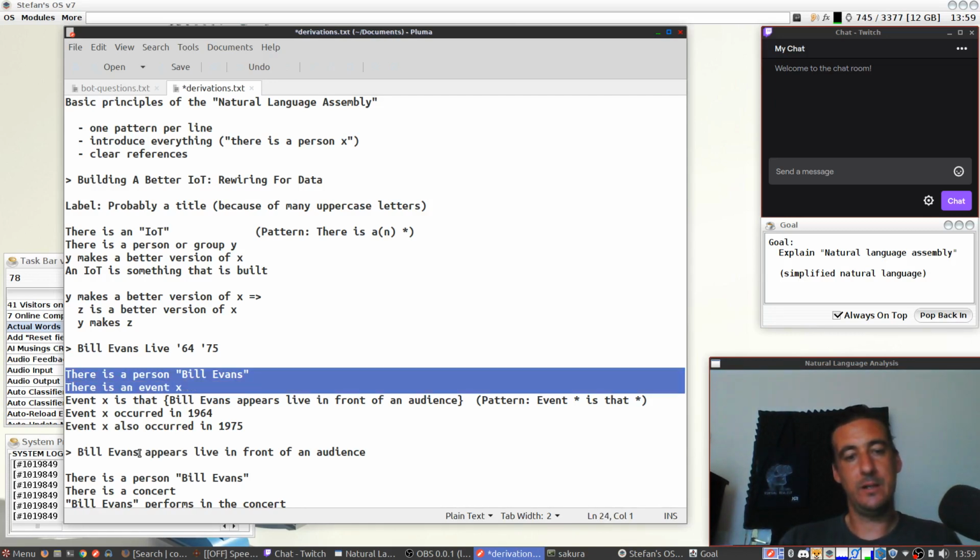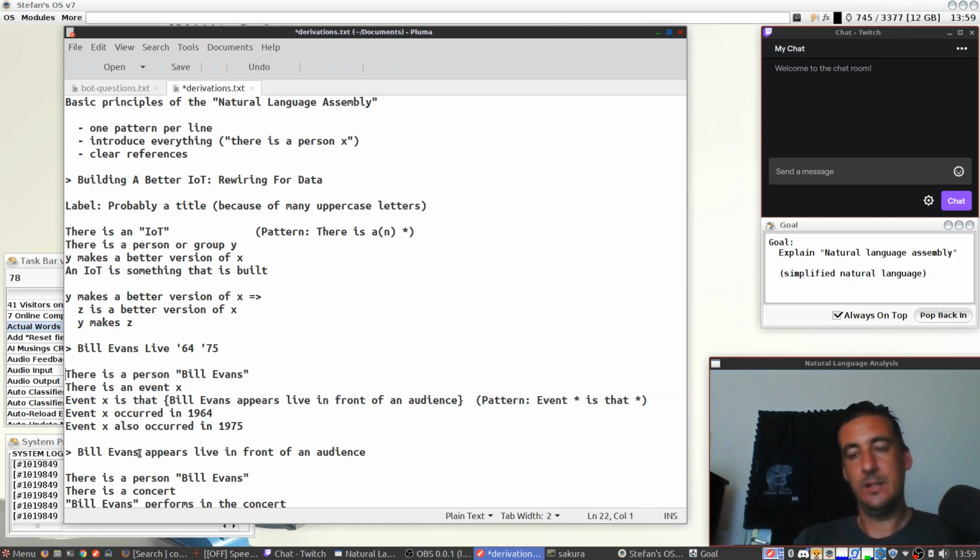But I think this thing here, this idea for a simplified natural language, is absolutely crucial. Before we tried to go from random input like this to the understanding directly. That's probably what they do with neural networks. They just put in all the input and they think, oh, the neural network will find the structure.